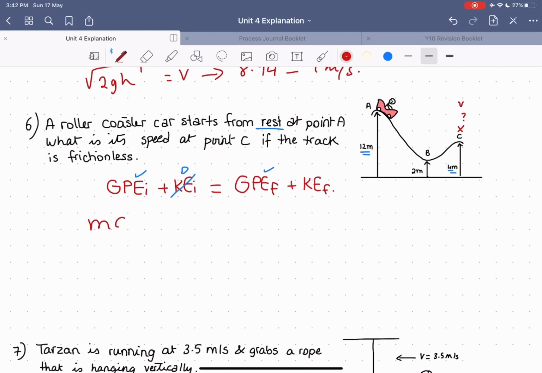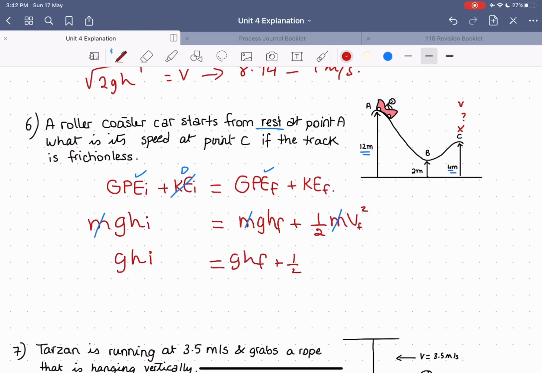So we will say mghi is equal to mghf plus half mass velocity final squared. We can simplify by m, and so we will get ghi is equal to ghf plus half velocity squared. Take this to the other side, so it will become ghi minus ghf is equal to half velocity final squared.